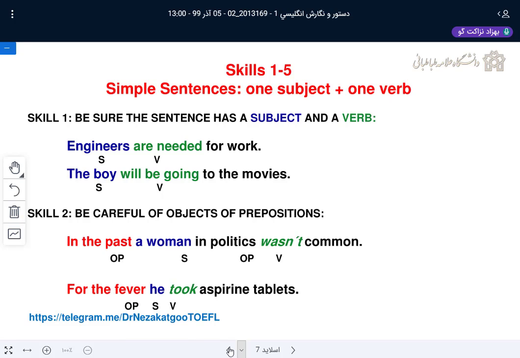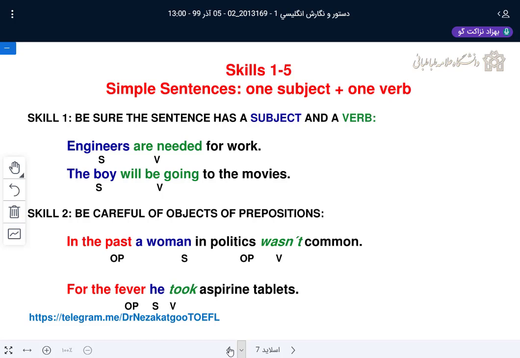So certain structures such as the object of the preposition, an appositive, a participle, this can be a present participle, sometimes an adjectival clause or any intervening elements, parenthetical expressions go between the subject and verb and cause confusion in locating the subject and verb.